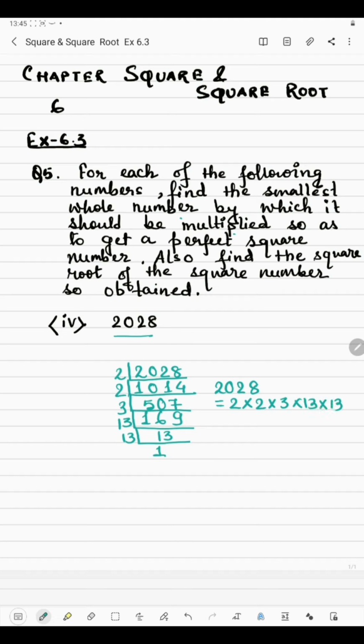What we can observe here is that only 2 and 13 have pairs, but 3 has no pair. As 3 has no pair, we will have to take one more 3 to make a pair. So we'll write: as 3 has no pair, 2028 is not a perfect square number.